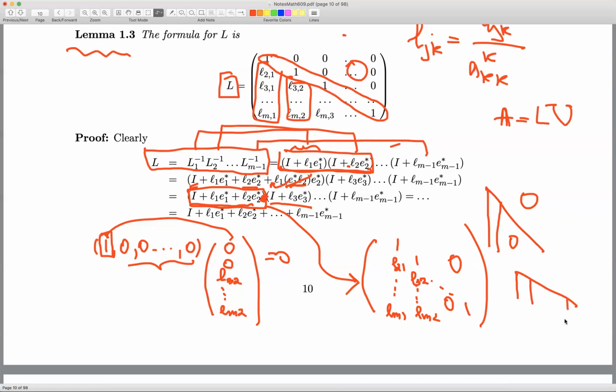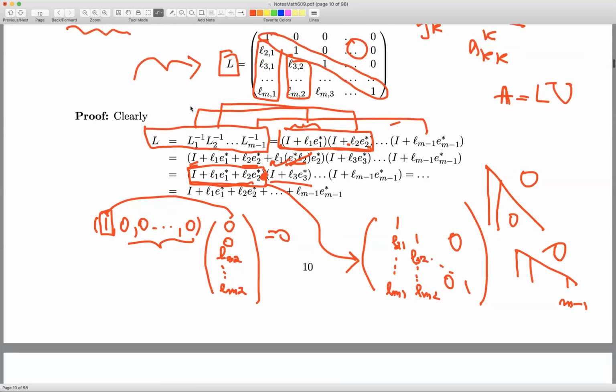At the very end, we will fill the (M-1)th column below the main diagonal, and we will end up exactly with this form of the matrix L.